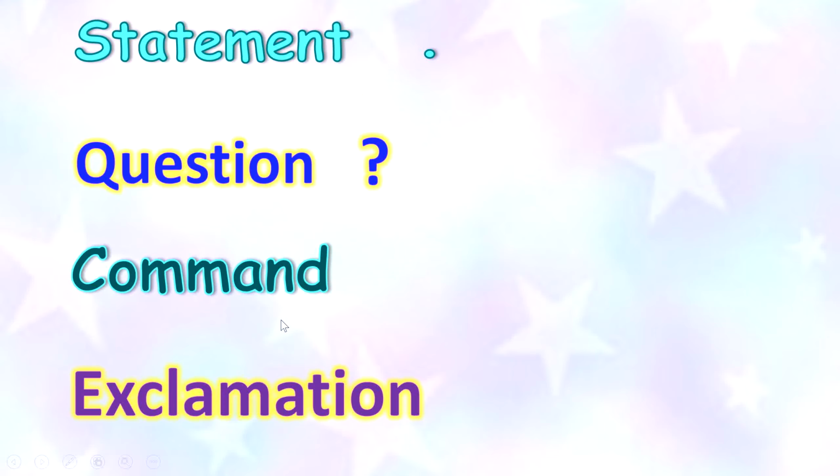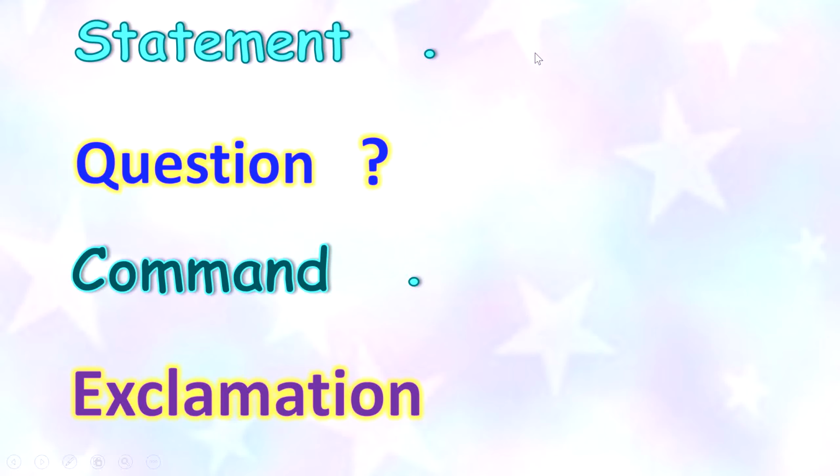Third type, command. How do we know that a sentence is a command? Every command starts with the action verb, and it tells someone to do something. And it ends with a full stop. Notice, the statement and the command end in a full stop. How do we tell them apart? A statement has subject, verb, rest of the sentence, while the command starts with the action verb without the subject.